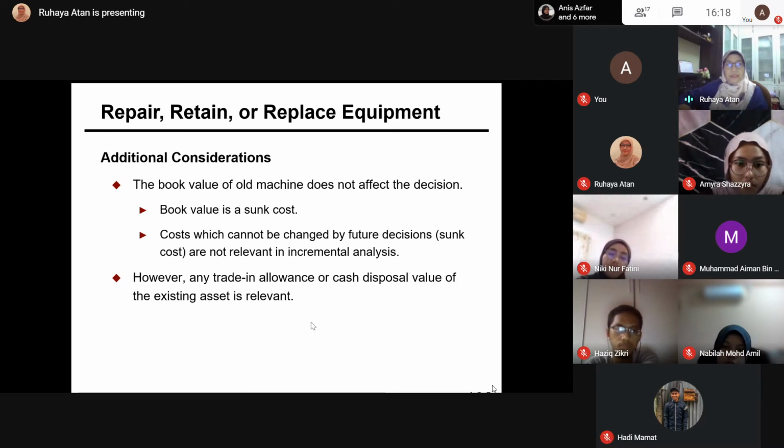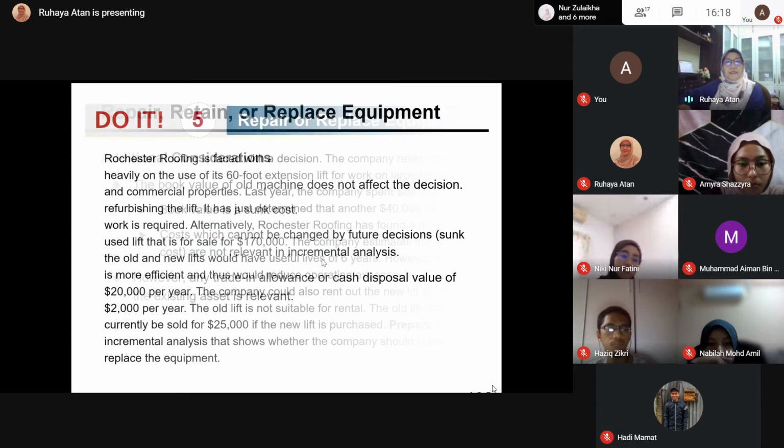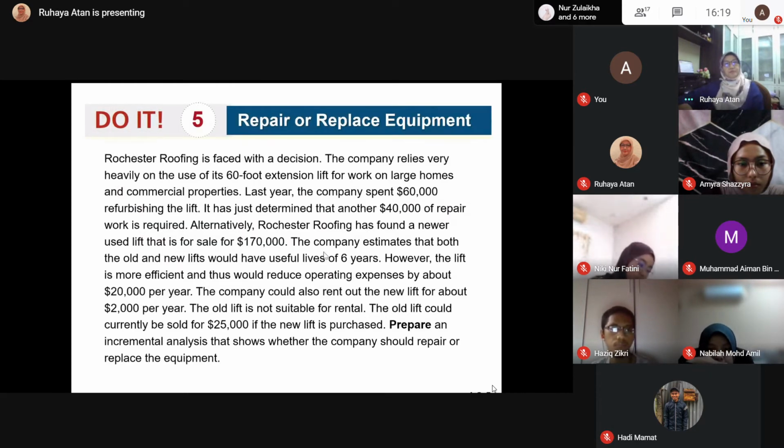It is relevant cost. So this is also quite interesting, whether you want to repair, retain, or replace equipment by looking at the incremental value.